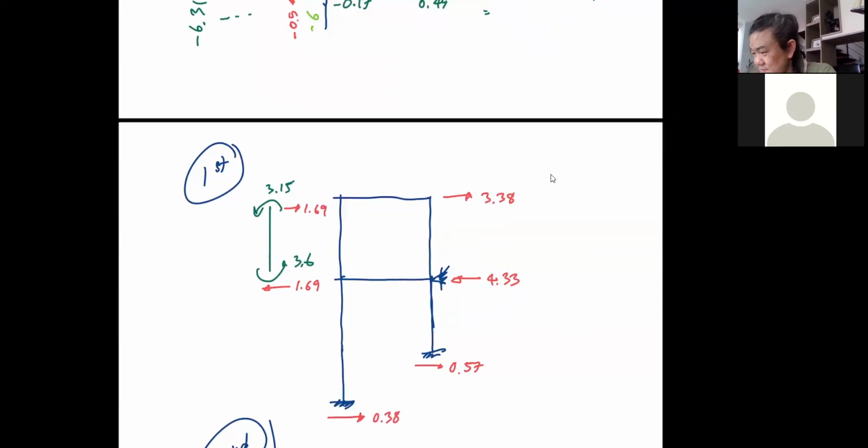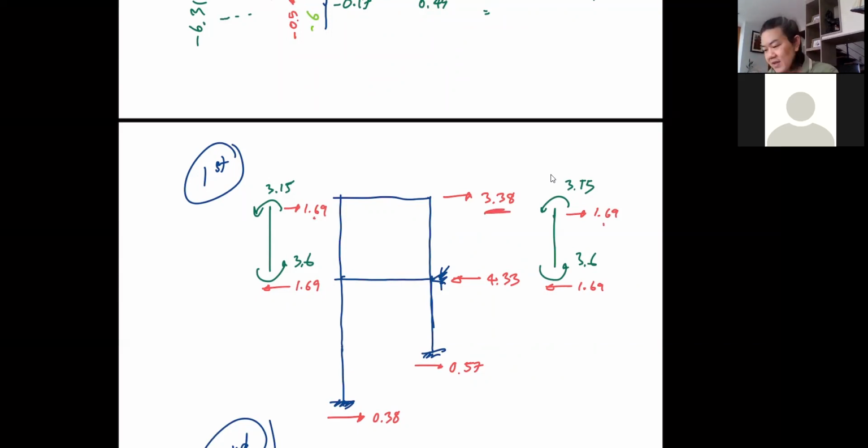And for the second column here, you get the moment 3.15, and here is 3.6 as well, and you get the shear. Because the first case, if you can recall, they are similar, right? So you got 1.69 and 1.69. That's why you got 3.38 then.